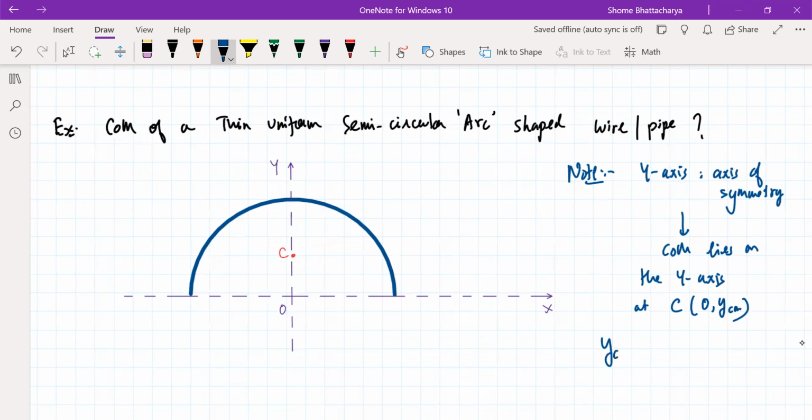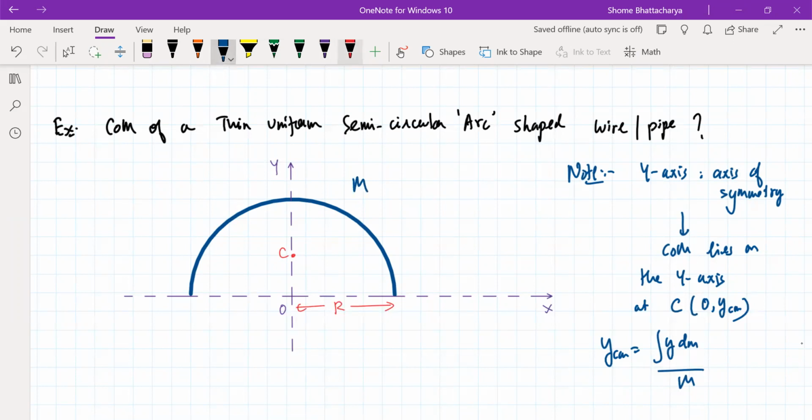So this y coordinate of the center of mass we'll calculate by this formula now. So if the radius of the semi-arc is r, and of course the total mass is some m.